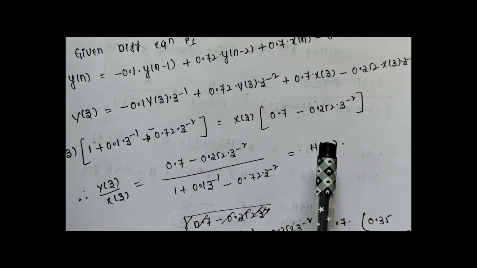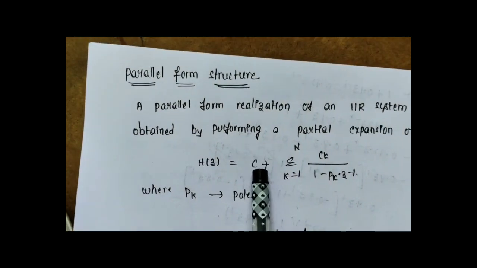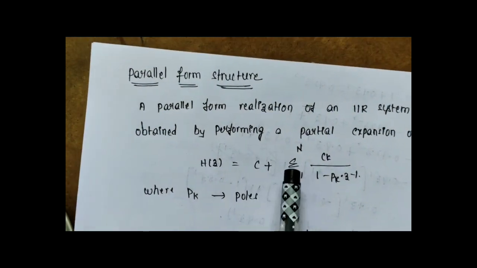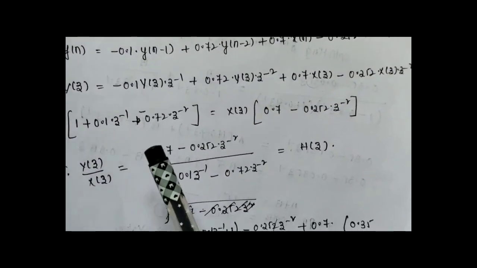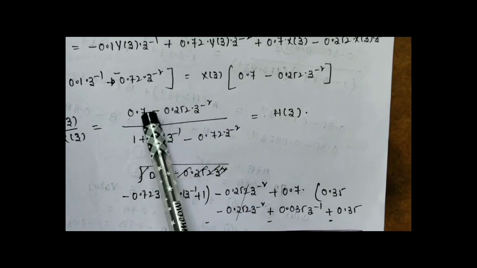Now you got H of z. In a parallel form, you have to write the H of z as C plus sigma k equal to 1 to n of ck by 1 minus pk into z inverse. For writing the H of z in this form, the simple thing you have to follow is simply division. I am dividing this numerator with this denominator.